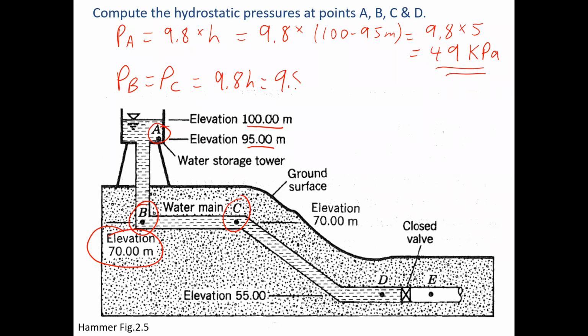The total elevation of the water in this case is 100 meters minus 70 meters. So that's 9.8 times 30. Punch that in my calculator, 9.8 times 30, and that's 294 kilopascals.